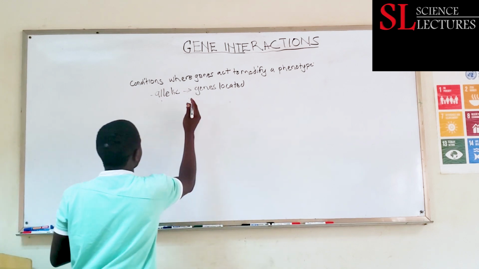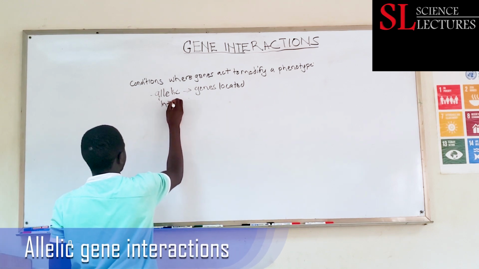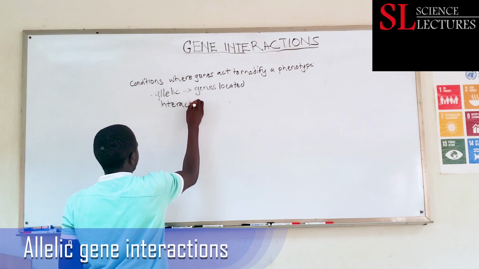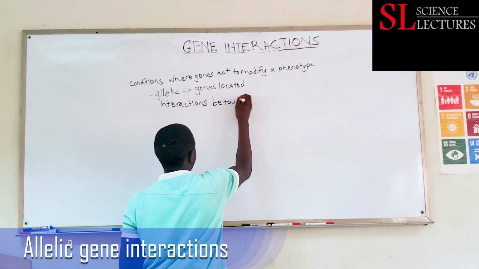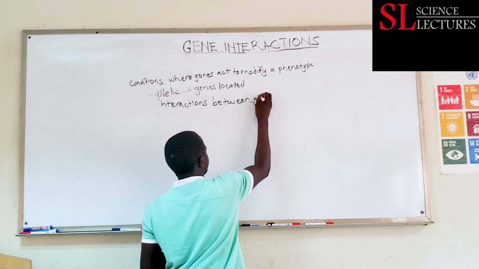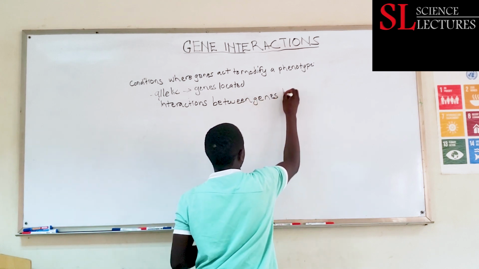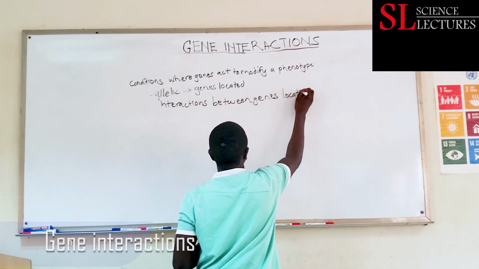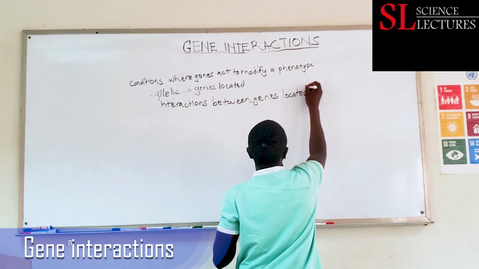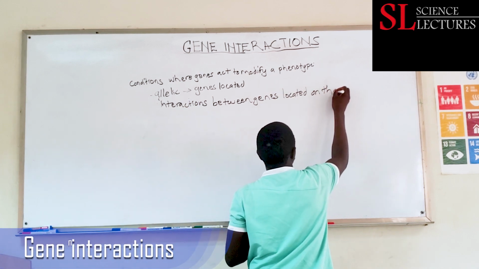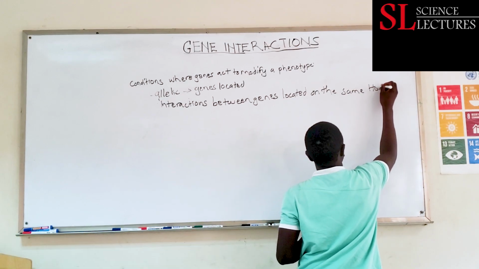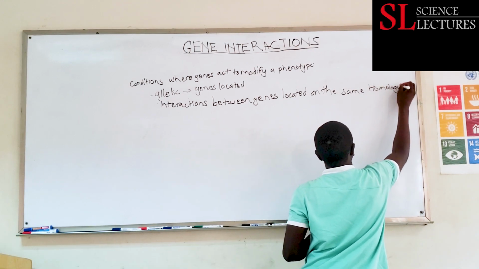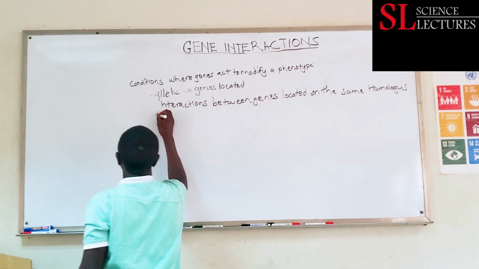Allelic gene interactions are interactions between genes located on the same locus, that is, on the same homologous chromosomes.